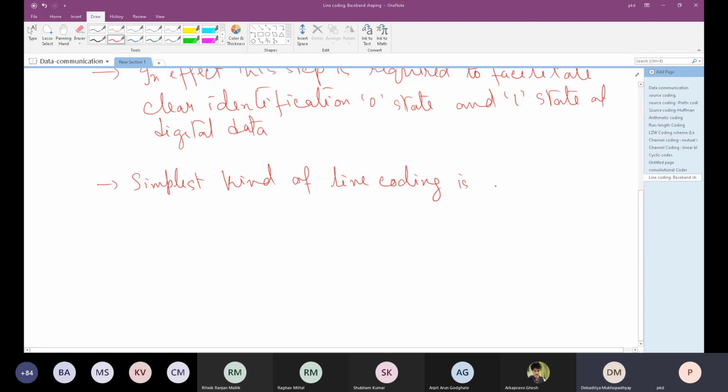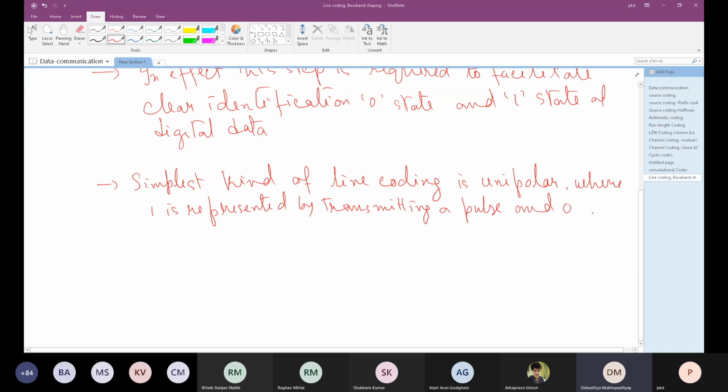Line coding is unipolar, or on-off, also known as on-off, where one is represented by transmitting a pulse, and zero is represented by the absence of a pulse.